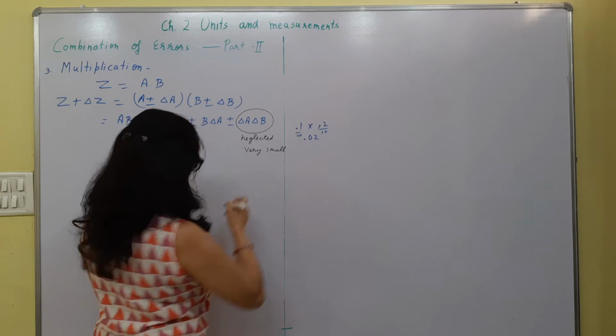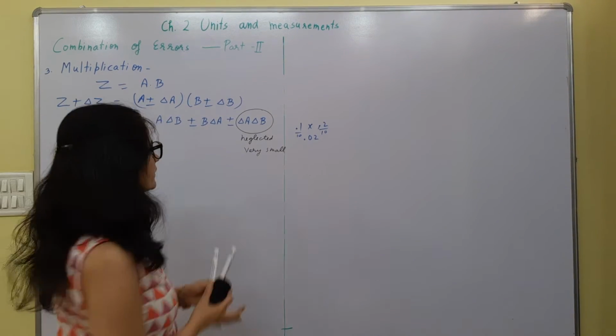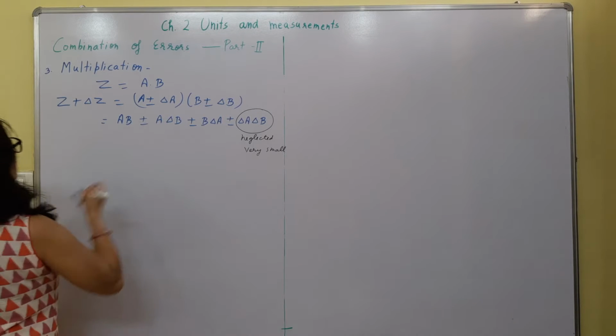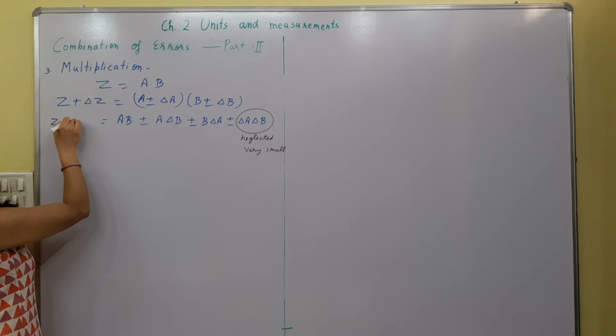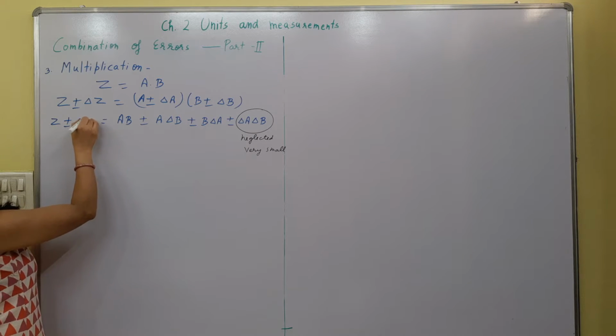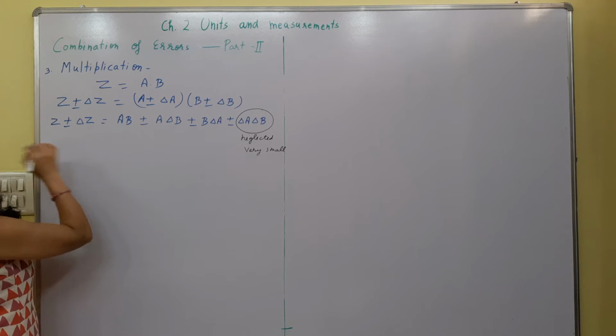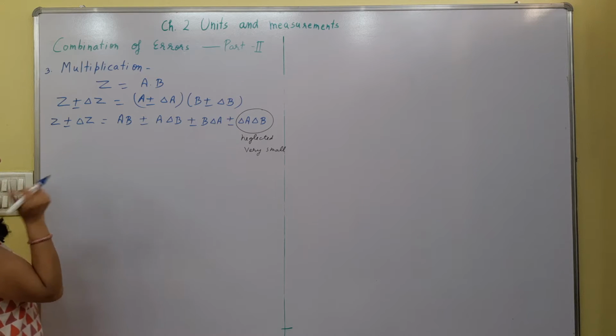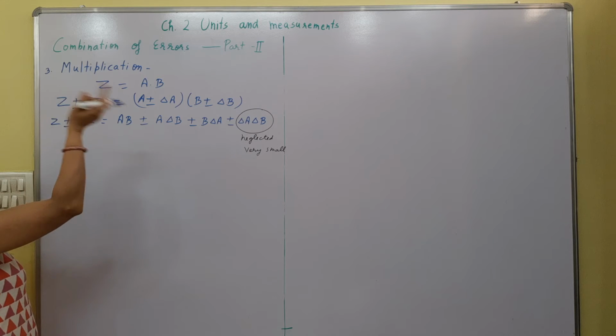So I'm rubbing out this example which I have taken here. So this is plus minus delta z here, and if I divide the right side by AB and the left side by Z, this is not going to have any effect on the equation as Z is equal to AB.